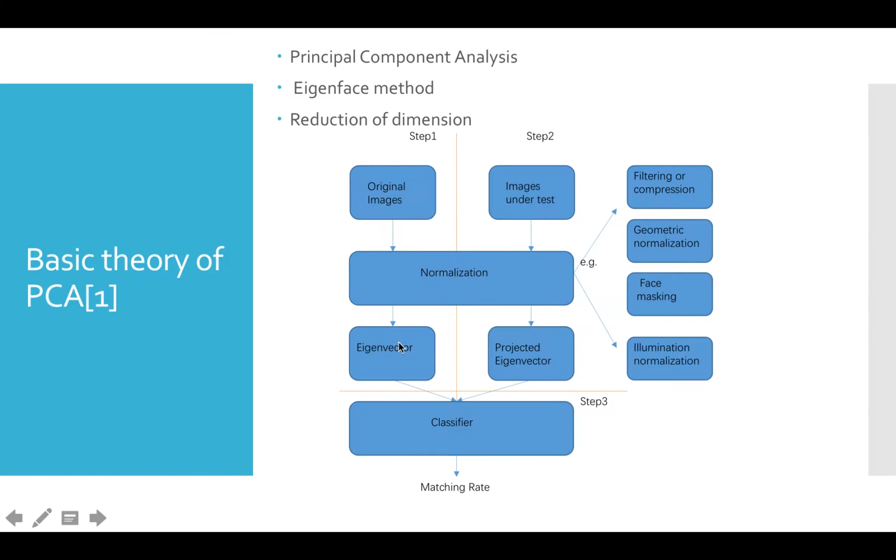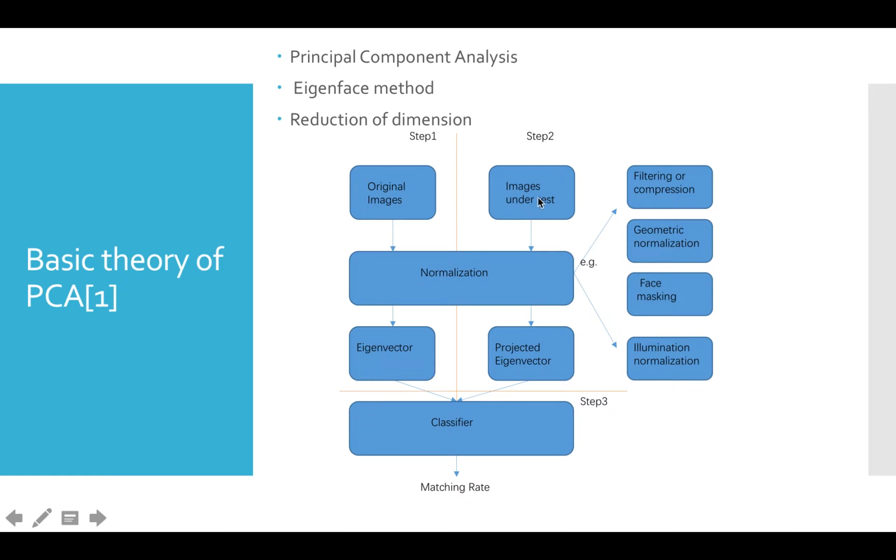After normalization, we can get the eigenvectors through calculation. For PCA, it tries to find the maximum scatter matrix of the projected images. Now in step 2, since we get the eigenvectors here, it's time to process the images under test.